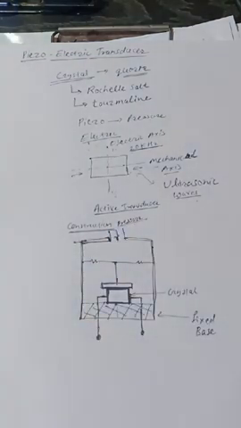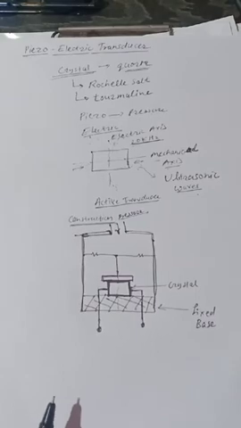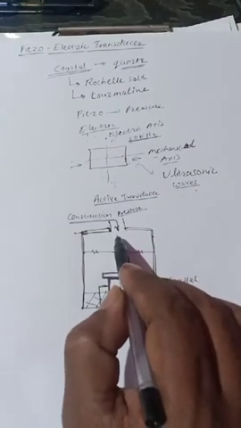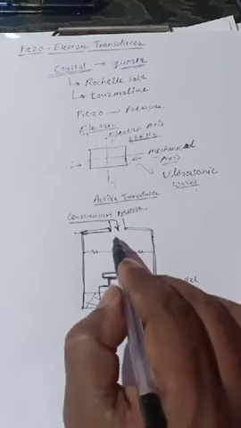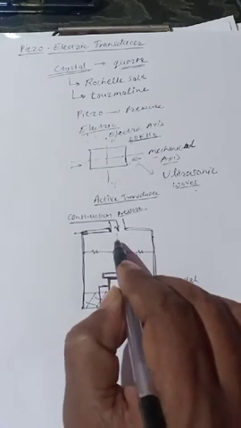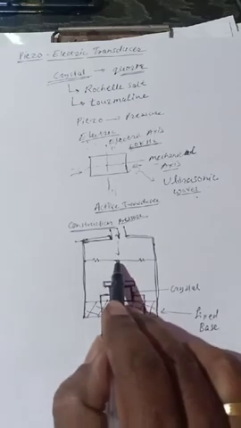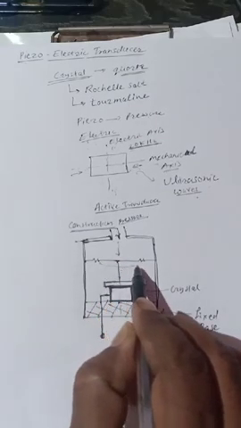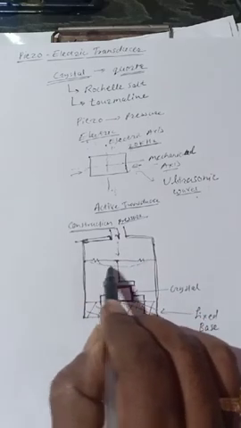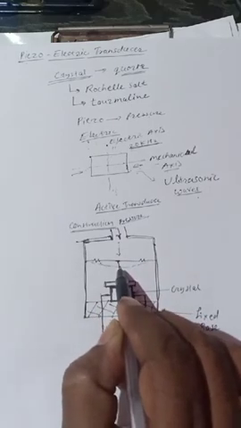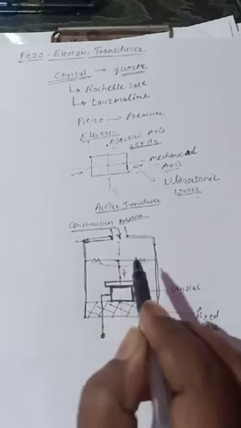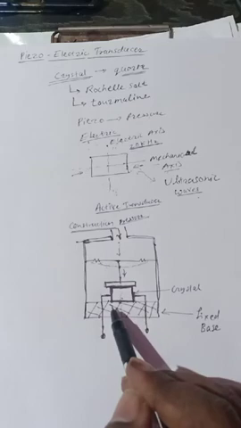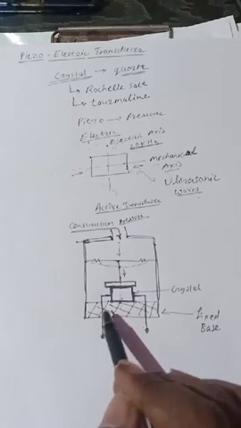Okay, through that we create a pressure. So from this side, if we create a pressure, it is nothing but air pressure. If we create a pressure, then this diaphragm bends down, and it creates a pressure on the crystal.